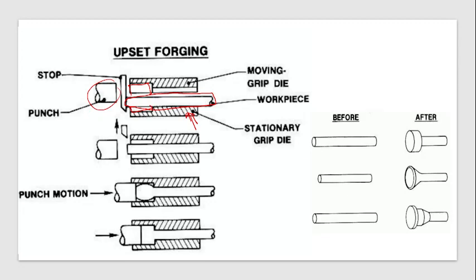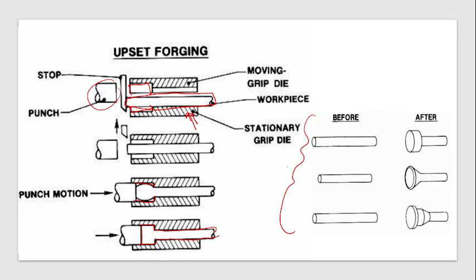Then you move your moving die, and now you have gripped your material. Your workpiece is gripped. Now your punch will move, and whatever cavity was there will be filled, and your diameter will be increased. This is called upsetting. That is how they make screw bolts. Okay, I hope everyone understands.